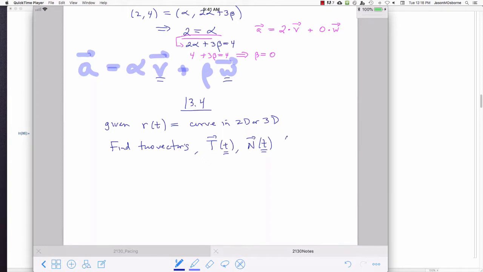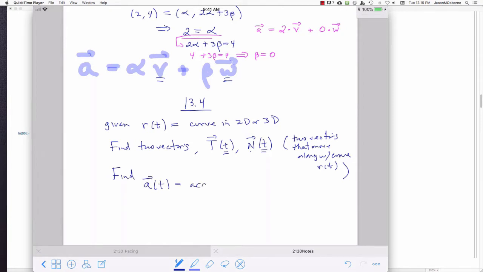And so these are two vectors that move along with the curve r of t. And I will show you a picture of this in just a second. But this vector T is like the vector v, the vector N is like the vector w. And then we're going to have to find a vector, what I'll call a, like I did above, the vector a.